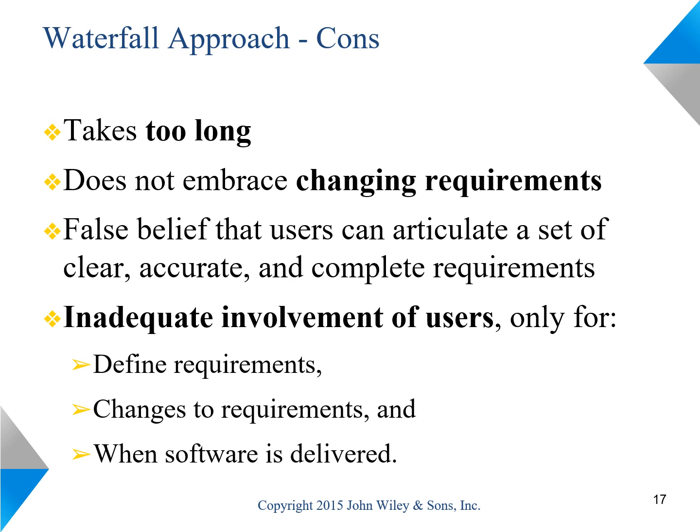Many times, the fact that users are not continually involved with the development of the system results in strained relationships between users and developers. Users may not have articulated everything they wanted, and developers become resistant to making any changes later on.